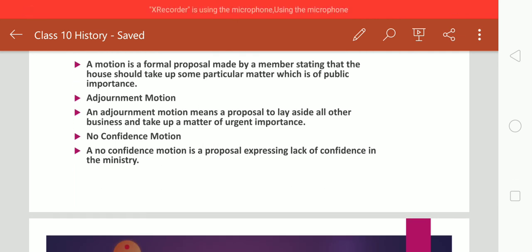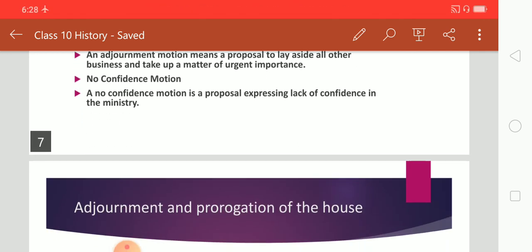Once the no confidence motion is passed, the ministry has to resign collectively. Remember, the no confidence motion can be brought by the opposition side only in Lok Sabha. So these are the two motions, the adjournment motion and no confidence motion.